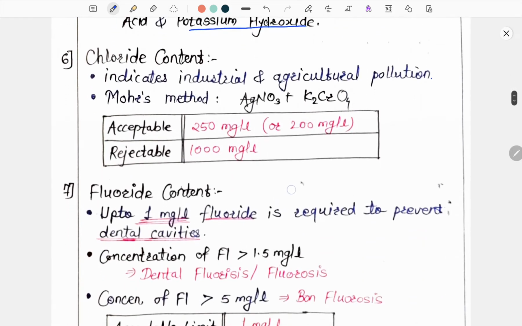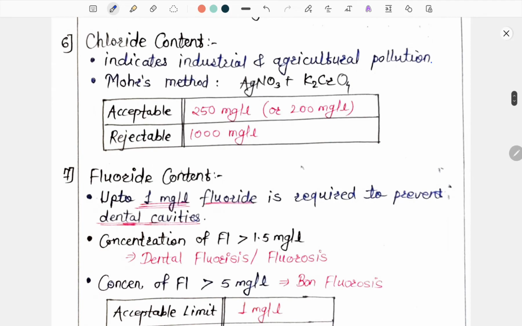Next chemical water quality parameter is chloride content. This chloride content indicates industrial and agricultural pollution. This is an important point. It can be determined by Mohr's method.